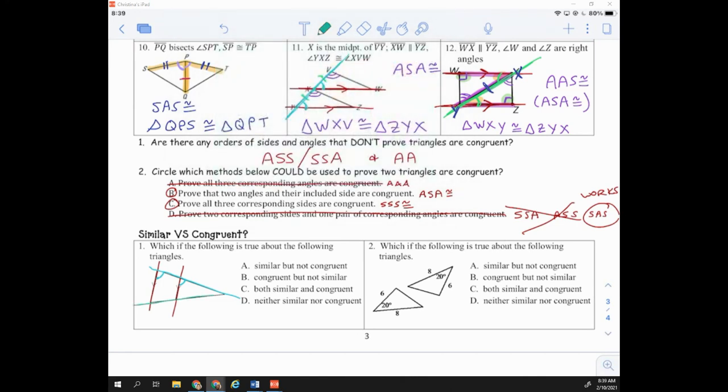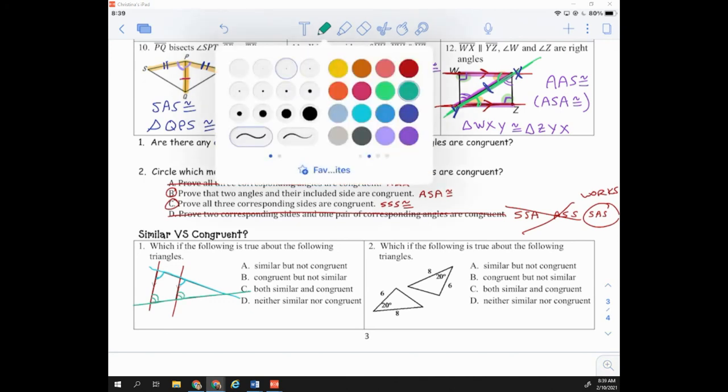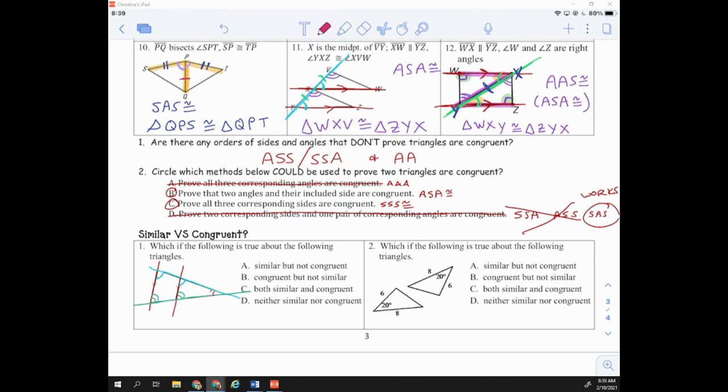We know that we've got another transversal over here. These angles are corresponding, so they match. And then this angle is shared, so it has to match itself. So we know that all of the angles match, but we don't have any information about any sides.